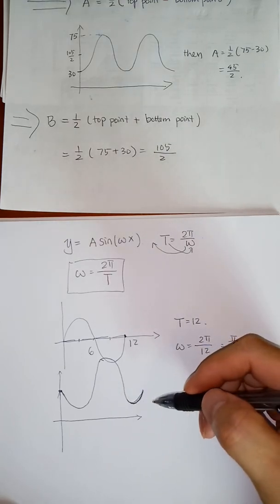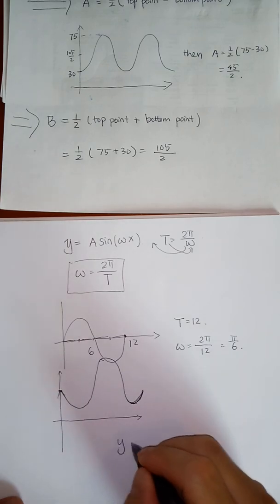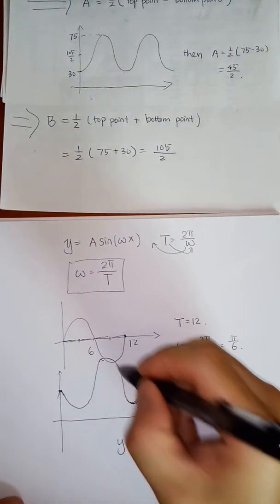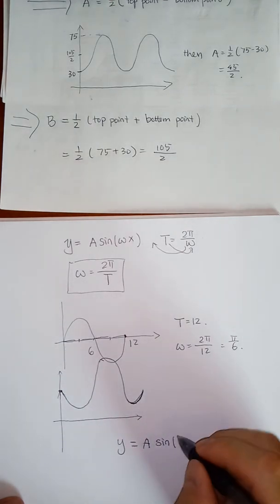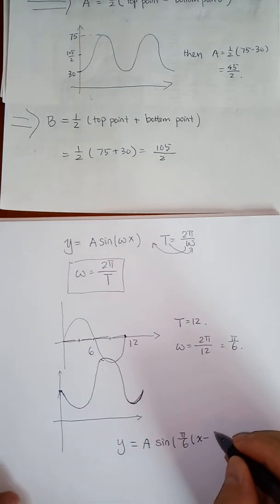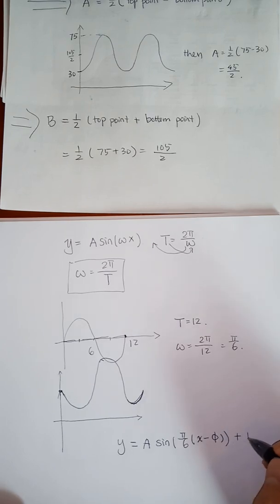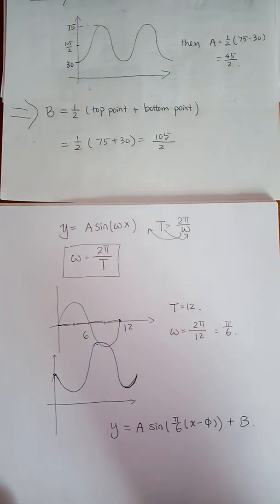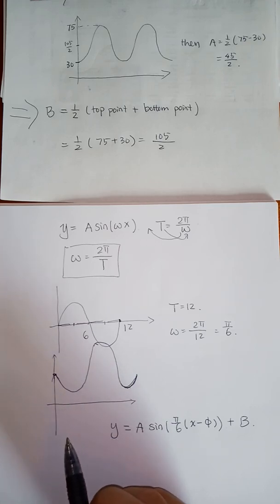Then y is equal to, assume we have some amplitude and some sine, and from this 12 we know it's pi over 6, and then you have minus some, let's put 5 here, and plus a value b.